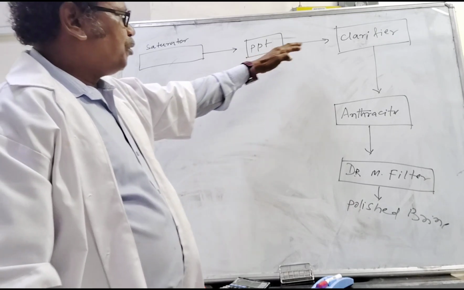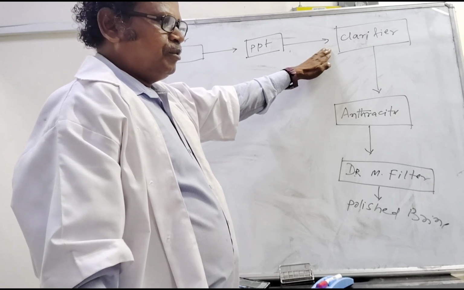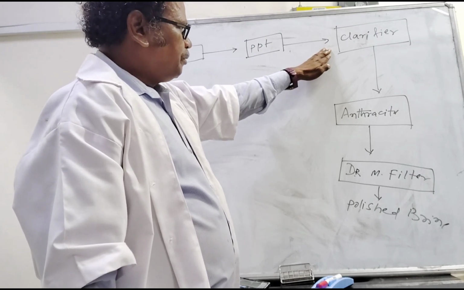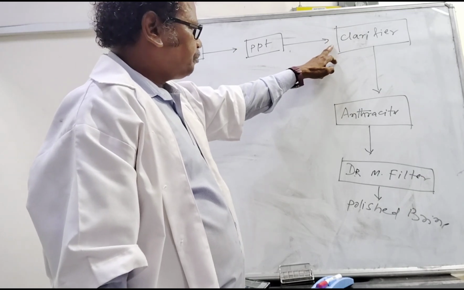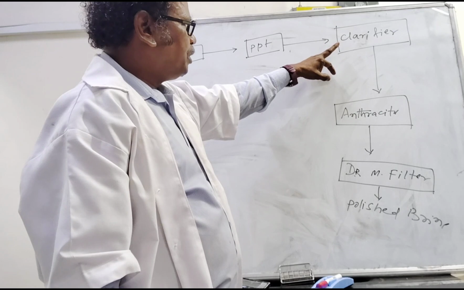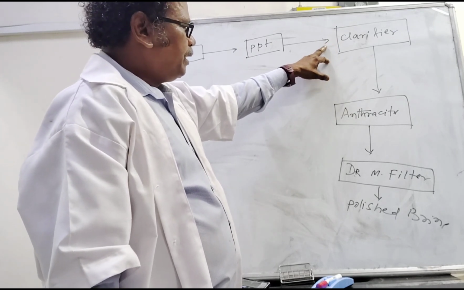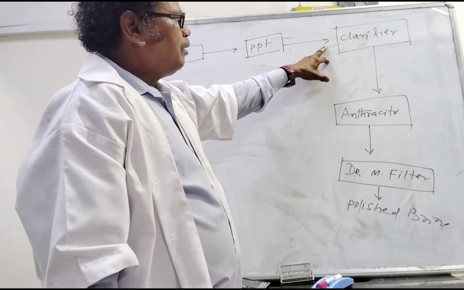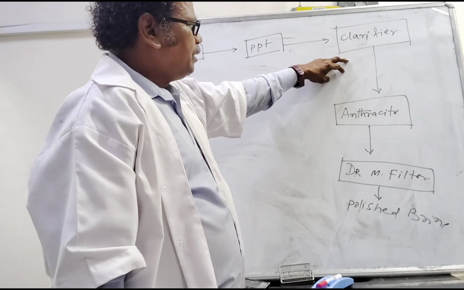Then it comes to the clarifier, where the total reaction completes. Up to that point the particles are 50 micron. Certain particles are removed by magnafloc, and all double decomposition reactions are completed here.